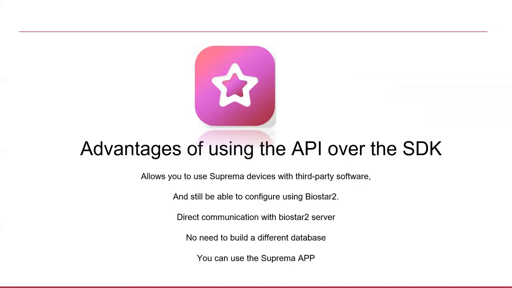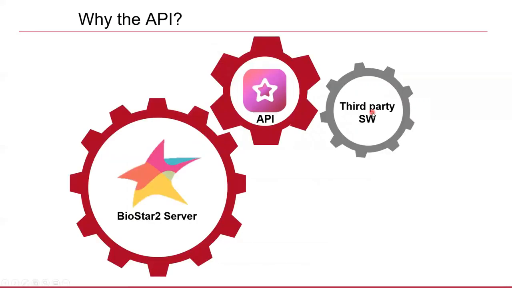Like I was saying, because you are using the BioStar 2 server service, you will not need to build your own database, because you will be working with all the database schemas that are already configured in the BioStar 2 server. And you will also be able to work with the Suprema app that is either in the Play Store or in the other architecture, okay? So probably those are some of the most prominent advantages.